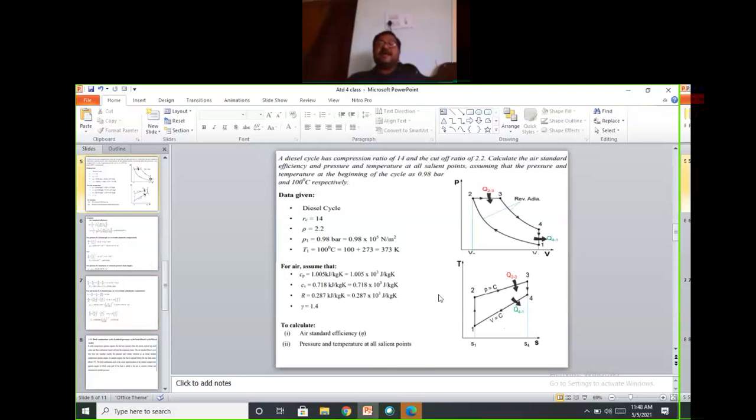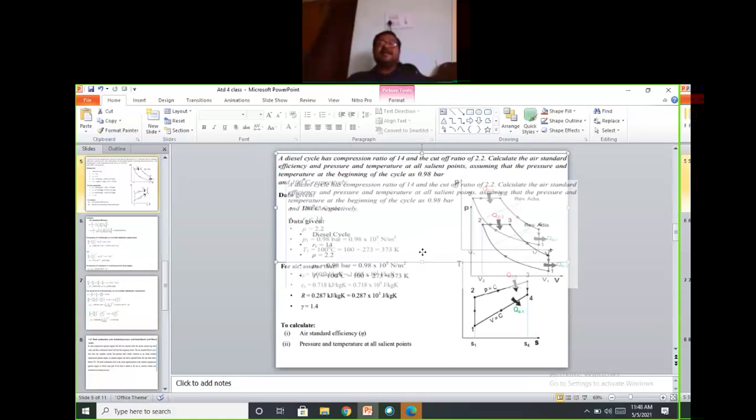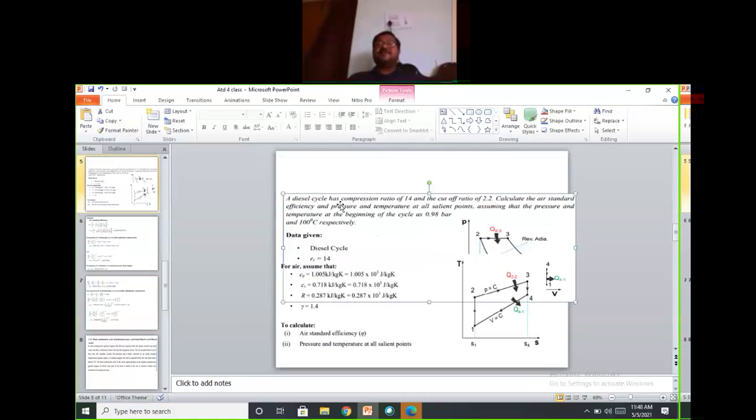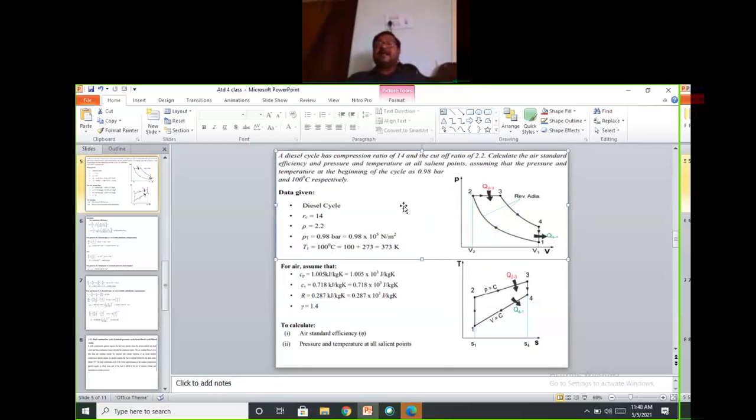I'll move on to the second problem. A diesel cycle has a compression ratio of 14 and a cutoff ratio of 2.2, with Cp given. Calculate the air standard efficiency and the pressure and temperature of all the salient points, assuming that the pressure at the beginning of the cycle is 0.98 bar. Here, the first thing you have to do is write the PV and TS diagrams.